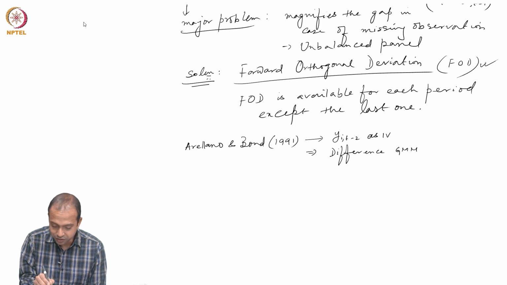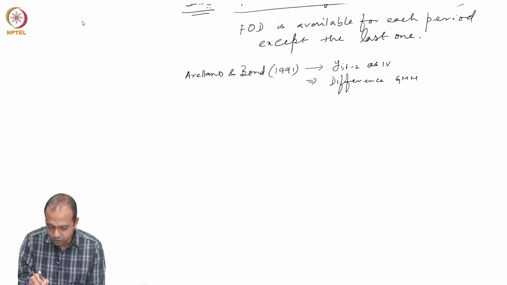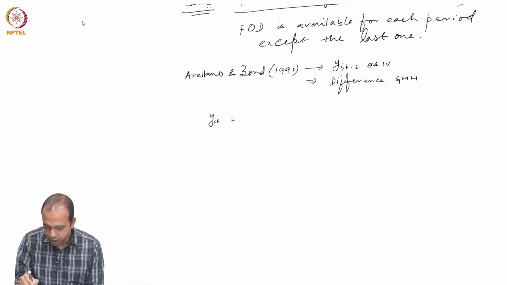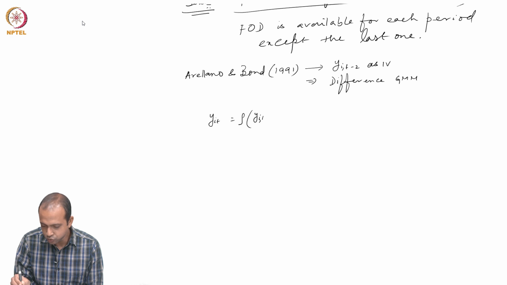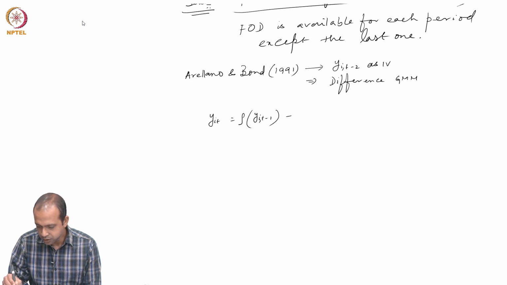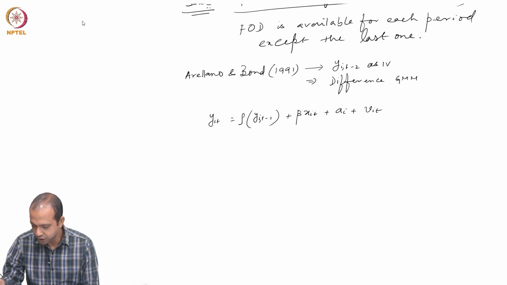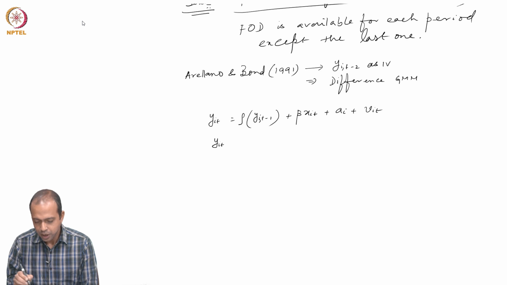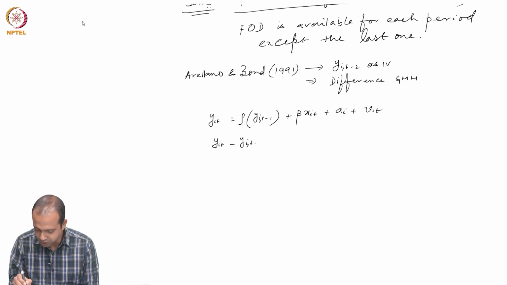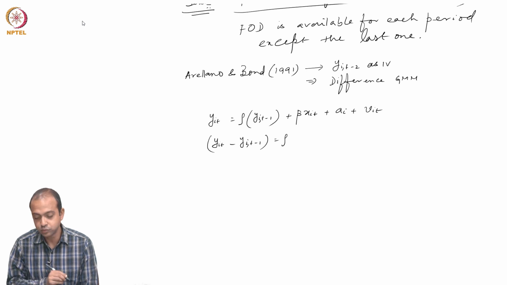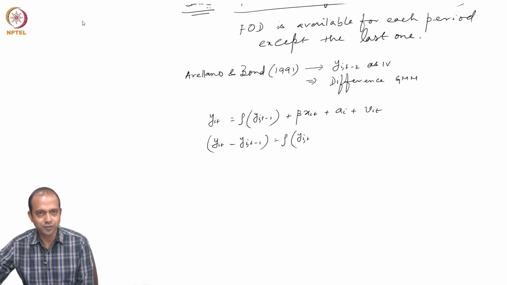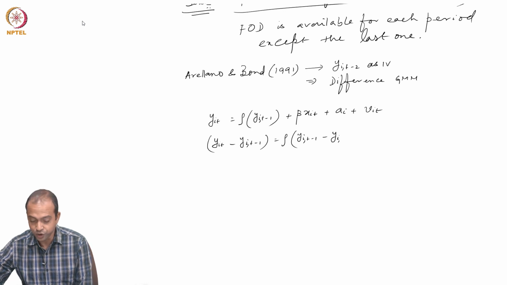Then first we take the transformation yit minus yit-1 equals rho times (yit-1 minus yit-2) plus beta times (xit minus xit-1) plus vit minus vit-1, and we use the instrument yit-2, assuming there is no presence of AR2, autocorrelation of order 2 or higher.